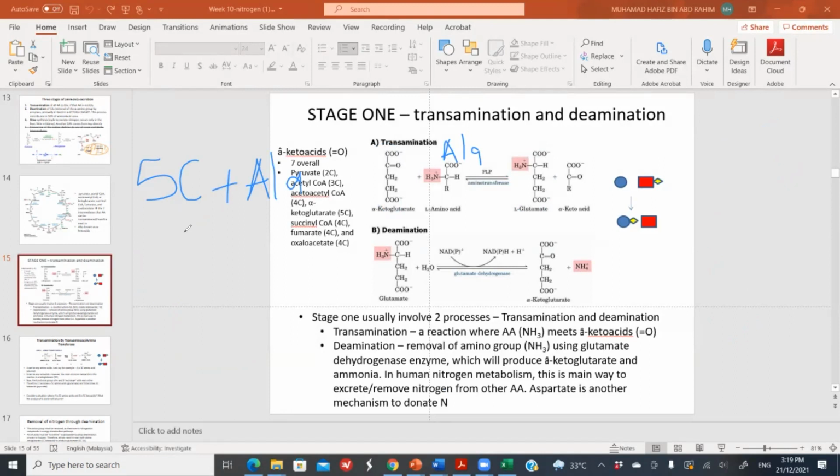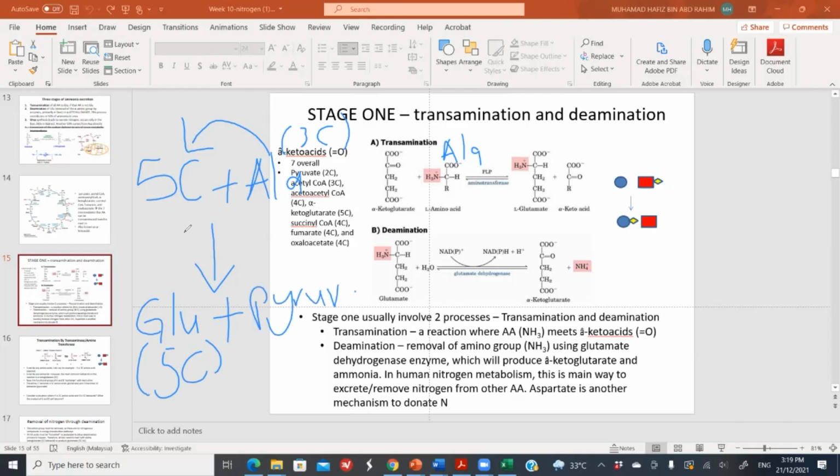Understand so far? What will we produce? Alanine will transfer nitrogen to the 5 carbon, right? This becomes glutamate, 5 carbon. This one has lost 1 nitrogen. What happens to this alanine, 3 carbon? It becomes pyruvate. Do you see? Do you understand?